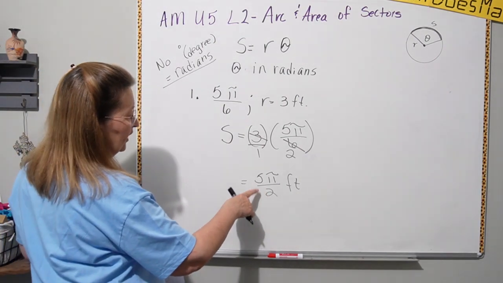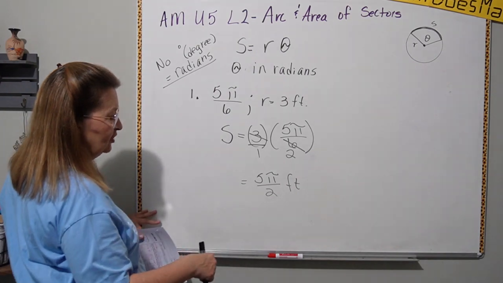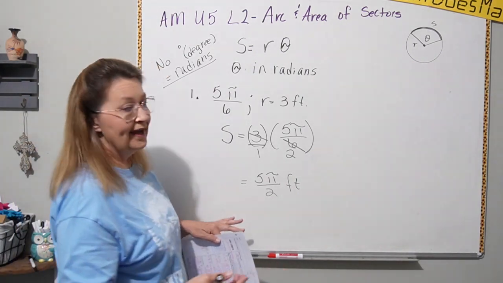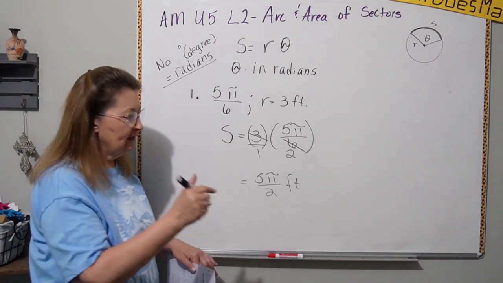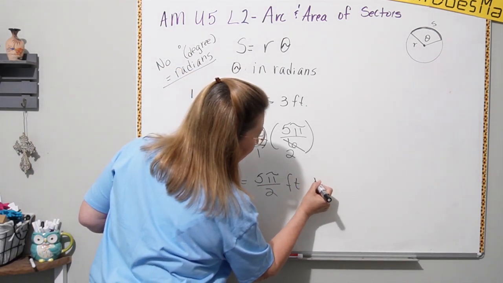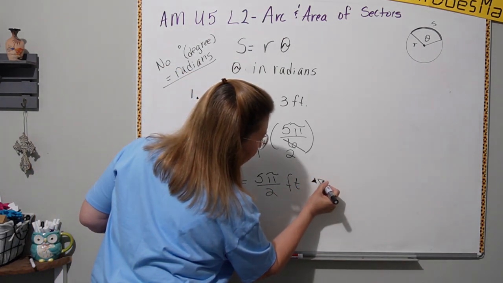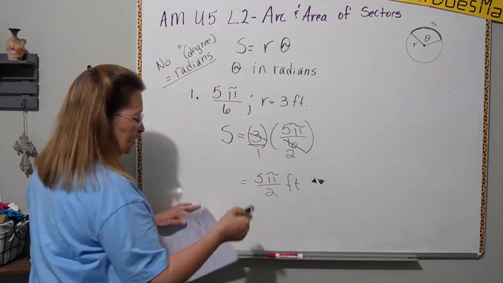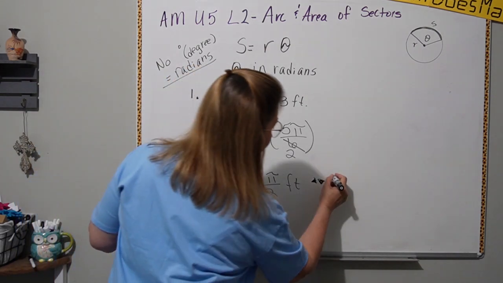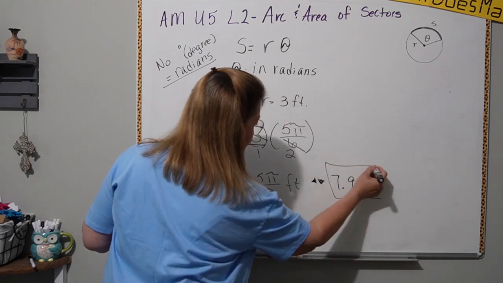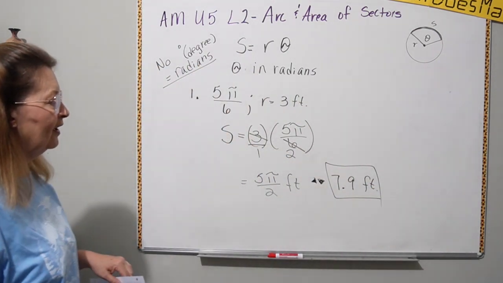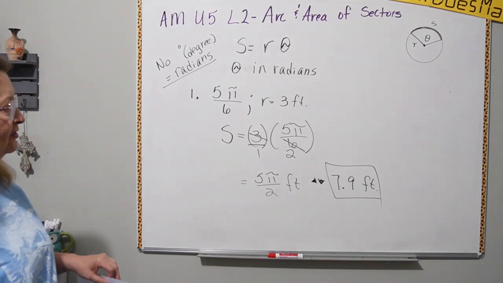So you're going to put in your calculator 5 pi divided by 2, and it's going to give you the answer in pi. So you have to click that little button, the one that looks like the triangles back and forth, that gets you an approximation, and that is going to get you 7.9 feet. Okay, and we're only going to go out to tenths on our final answer on these.